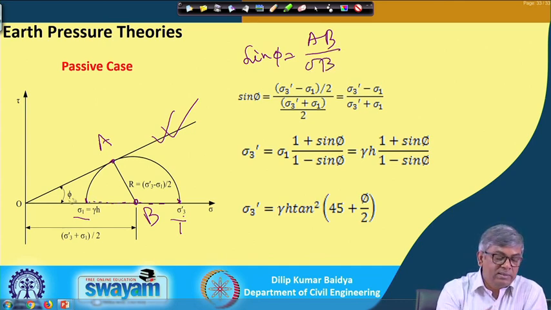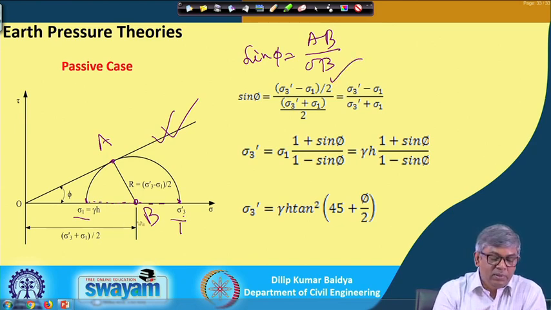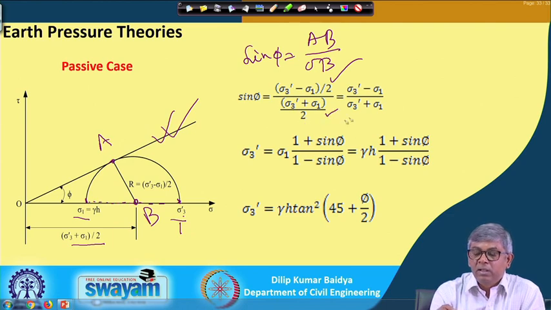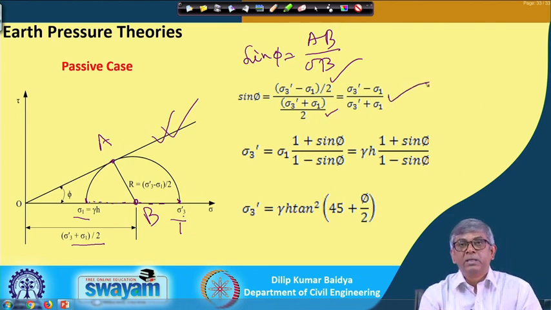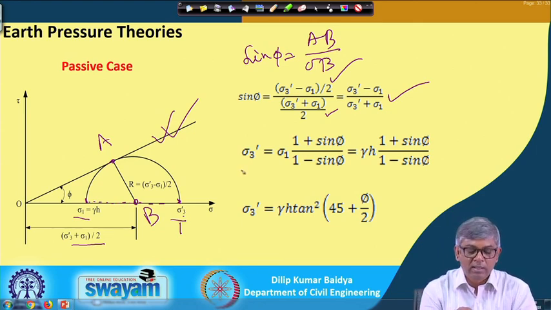AB is nothing but the radius, and OB is sigma 3 plus sigma 1 by 2. If I simplify, this becomes (sigma 3 minus sigma 1) by (sigma 3 plus sigma 1), and simplifying again, sigma 3 becomes sigma 1 into (1 plus sin phi) by (1 minus sin phi).